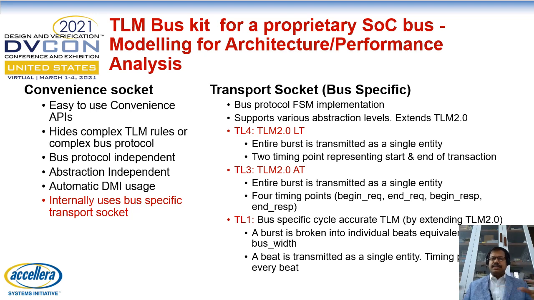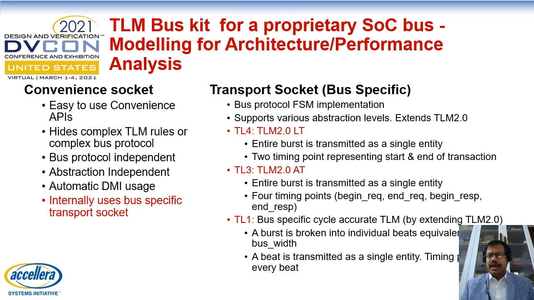Here also the burst is transmitted as a single entity, but instead of 2, now we have 4 timing points for better control. And finally, at a more detailed level in terms of architecture modeling, we have the TL1 level wherein we break down the burst into individual beats, which is also based on the bus width, and each beat is transmitted as a single entity and it carries many more timing points.